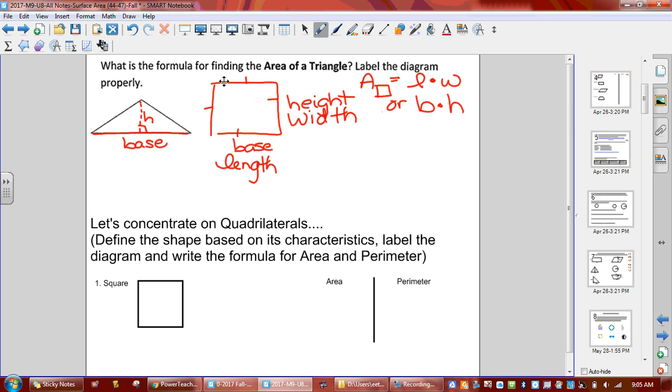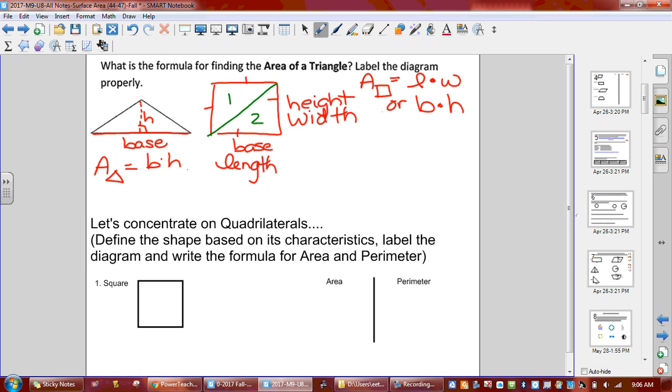Good job. So I could just cut it like this, and I would have 2 triangles. If I'm cutting the square in half, the triangle is only half of the square. That means the area for the triangle is only going to be half of this. So the area of a triangle is base times height, but it's only half of it, so it's divided by 2.